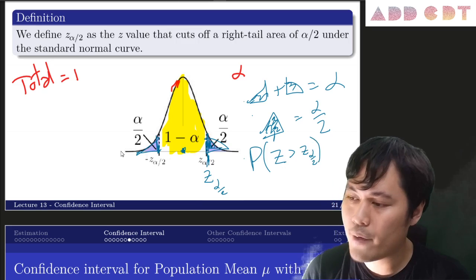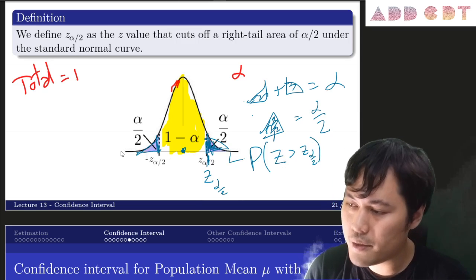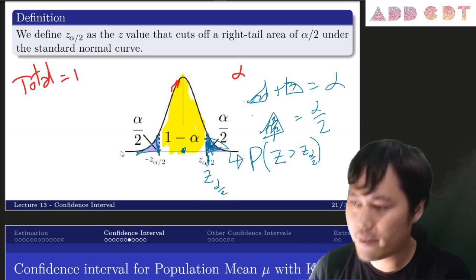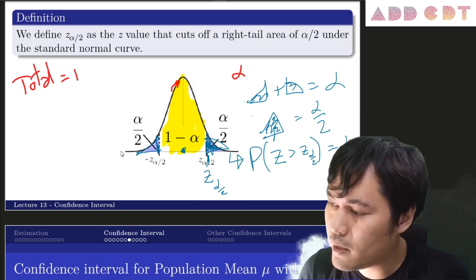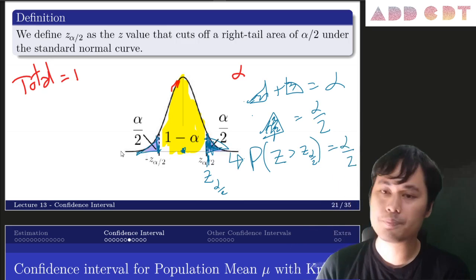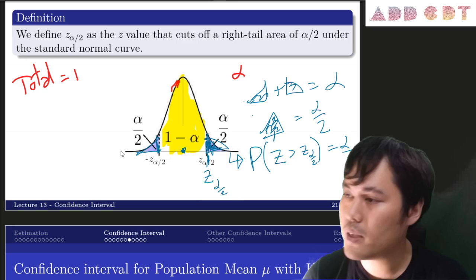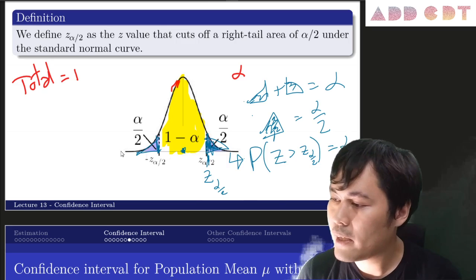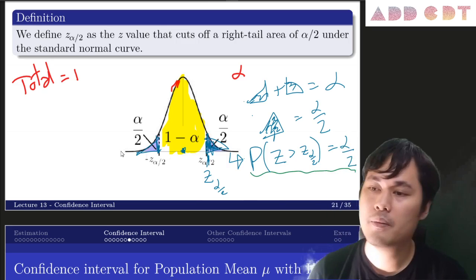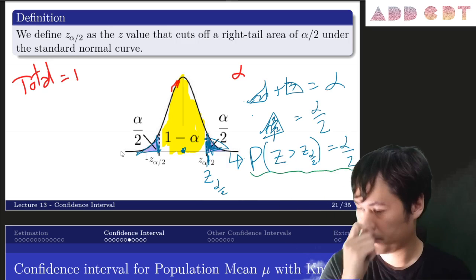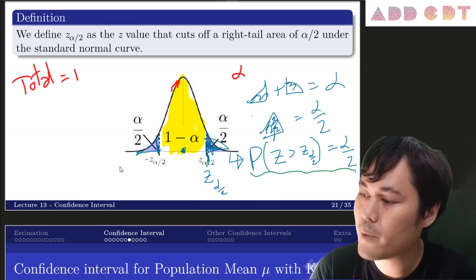That area is this probability, and we want that probability to be alpha over 2. And that means we can now use the C table again to find the point where that is true.